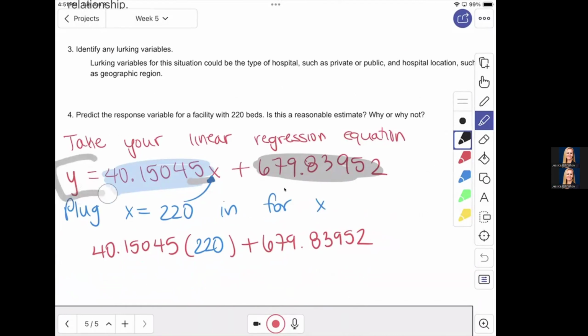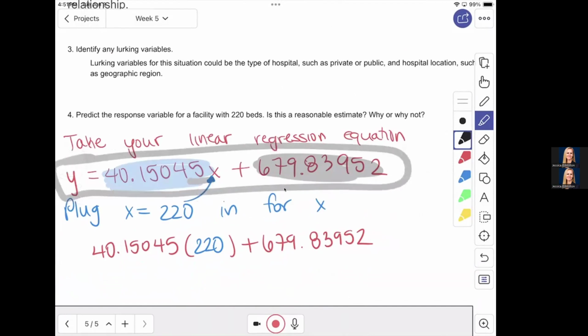That would be my linear regression equation. And I can make predictions based off of this. So if we have a facility that has 220 beds, we can predict how many inpatient visits they will have. And I would say that this is going to be a pretty reasonable estimate, because of the fact that our correlation was so strong.